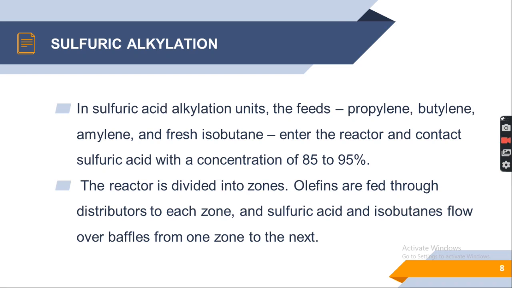The feed enters the reactor and then makes contact with sulfuric acid at a concentration of 85% to 95%. The reactor is divided into zones. The olefins are fed through distributors to each zone, and the sulfuric acid and isobutanes flow over baffles from one zone to the next.